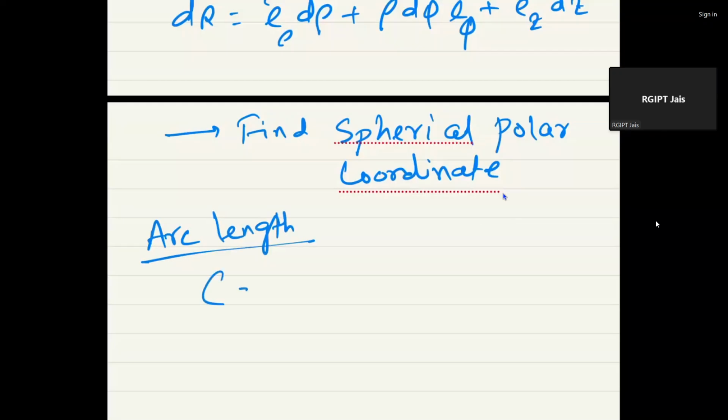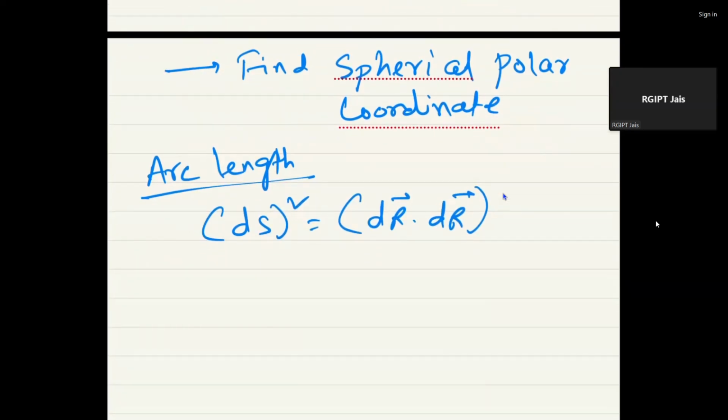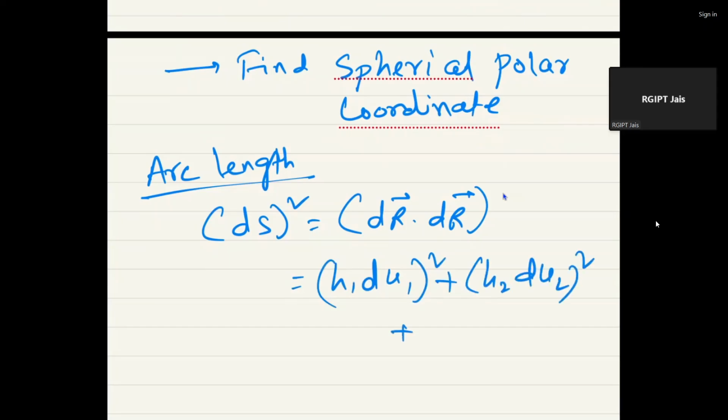We told you that ds squared is basically dr dot dr, so this will be h1 du1 squared plus h2 du2 squared plus h3 du3 squared. Again, if you know h1, h2, h3, then you can just replace these values and get the arc length in any coordinate system.